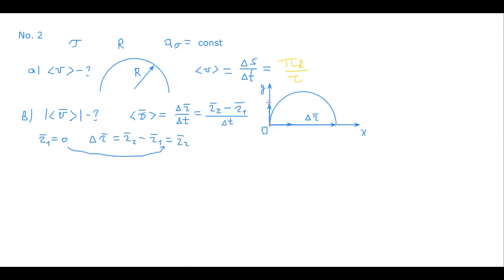This is orth I and orth J. And this distance is equal to double r, double radius, because the diameter of a circle is always equal to double radius. So according to this picture, we can write that delta r is equal to 2 multiplied by r and multiplied by I vector.